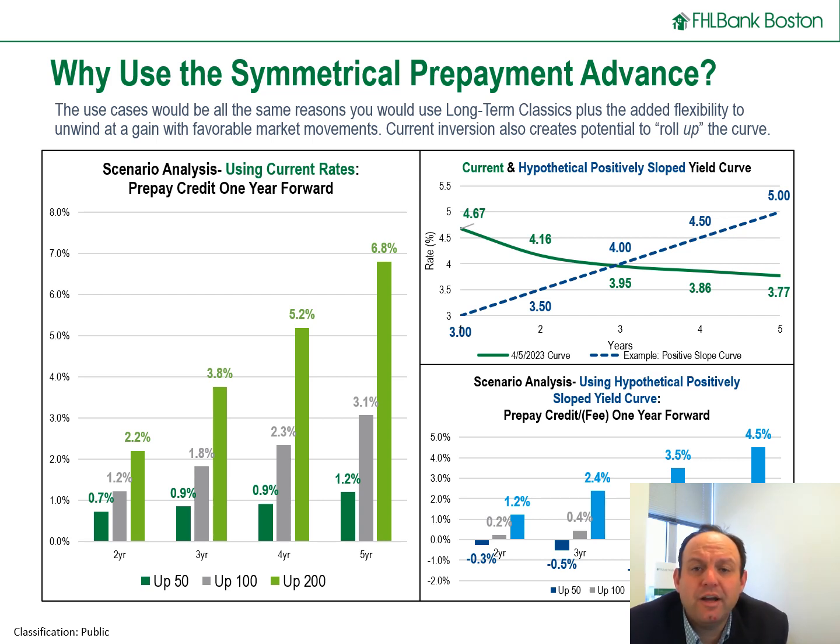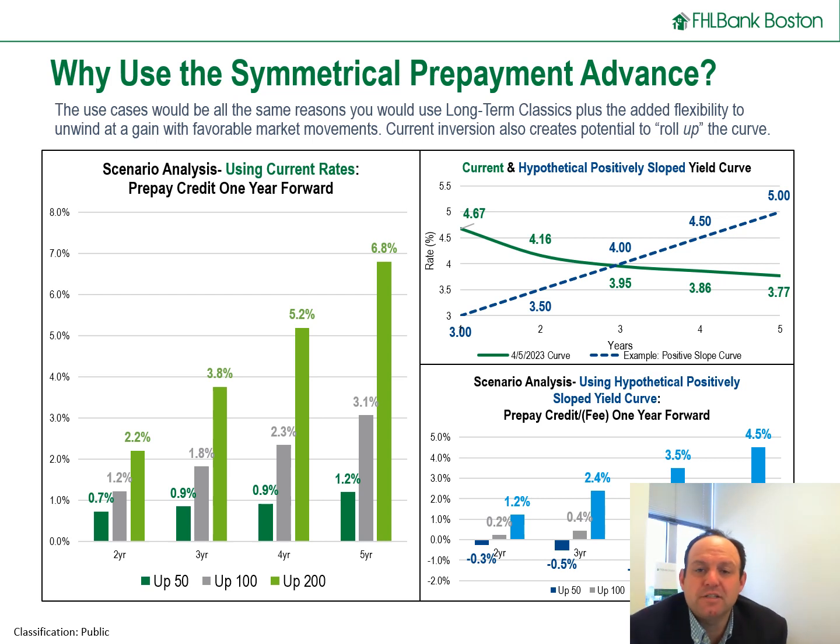But you'd be layering in some extra flexibility, as we talked about, being able to efficiently collapse that advance and reduce the amount of wholesale funding that you may need in the future. And given the path of interest rates, there may be opportunity to capture a gain. So let's look at an example.